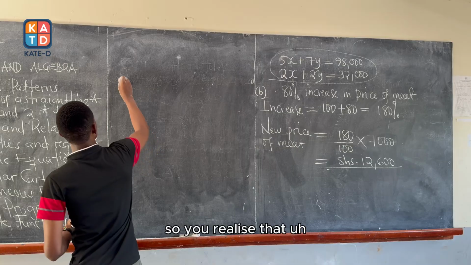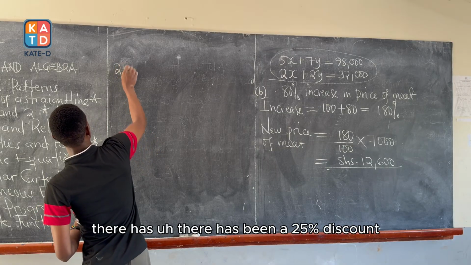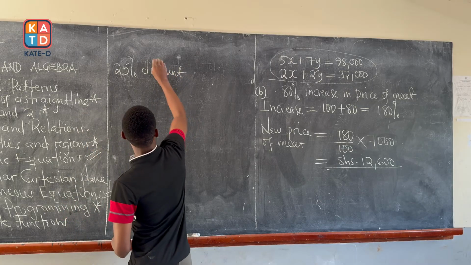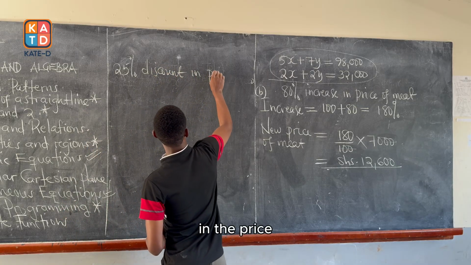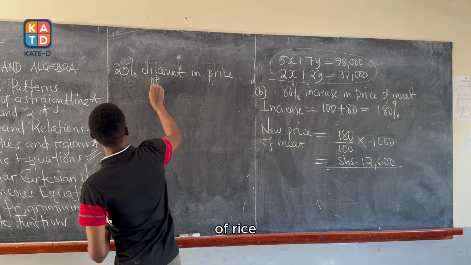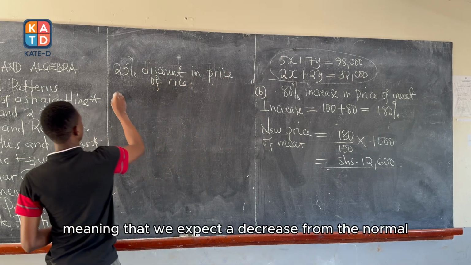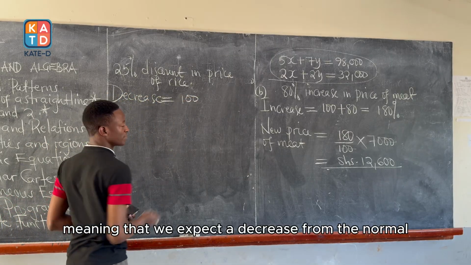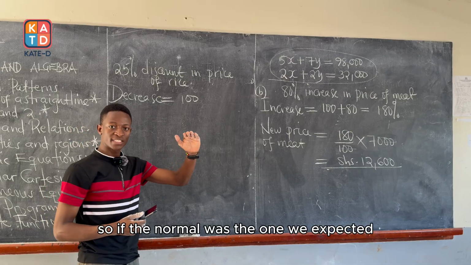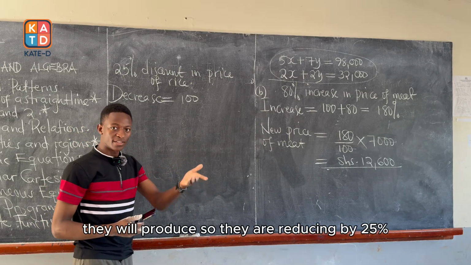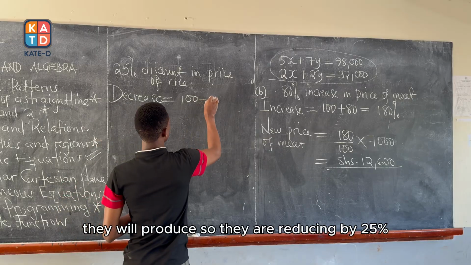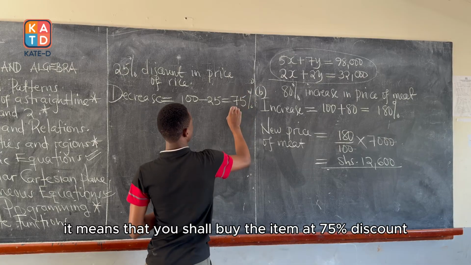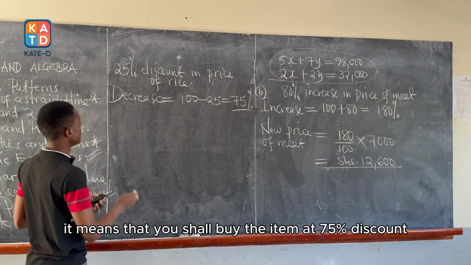So realize that there has been a 25% discount in the price of rice, meaning that we expect a decrease from the normal. If the normal was the one we expected, then we go there and bargain, they would reduce. So they are reducing by 25%. So it means that we shall buy the item at 75%.